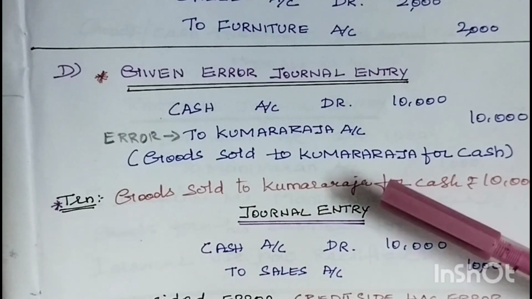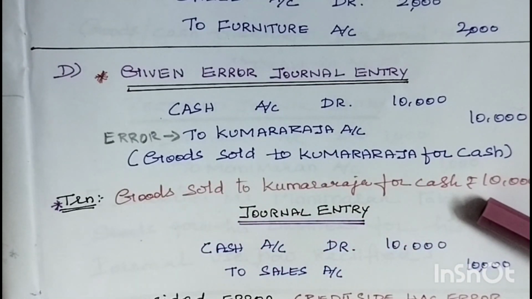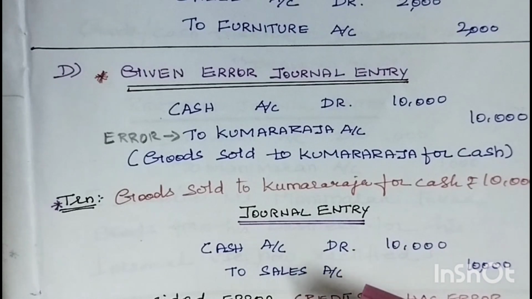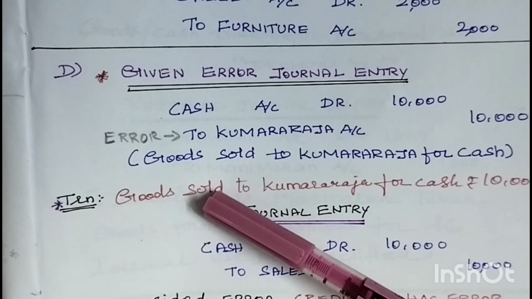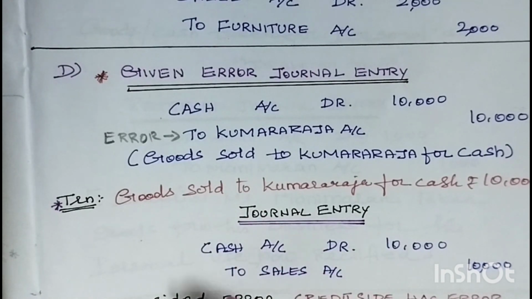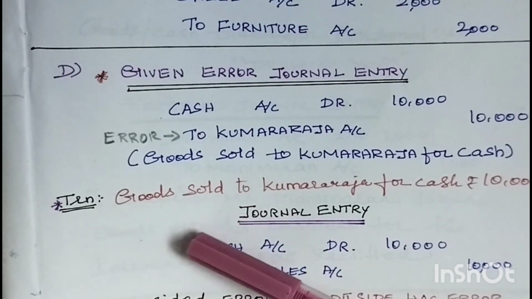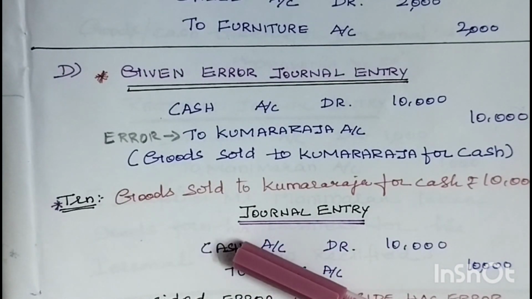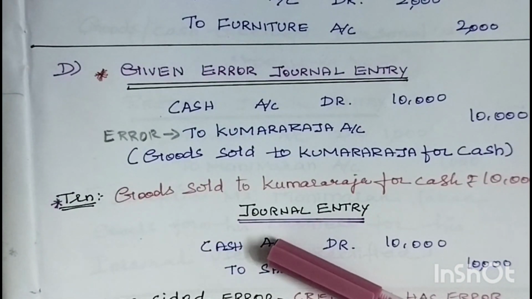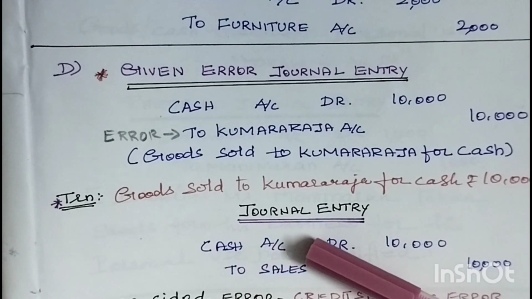What does this transaction tell us? Goods sold for cash, 10,000 rupees. What is the journal entry? Whenever you sell goods, your cash account increases. Whenever you generate sales in your business, cash comes into your business. So whenever the cash account increases, you debit the cash account.